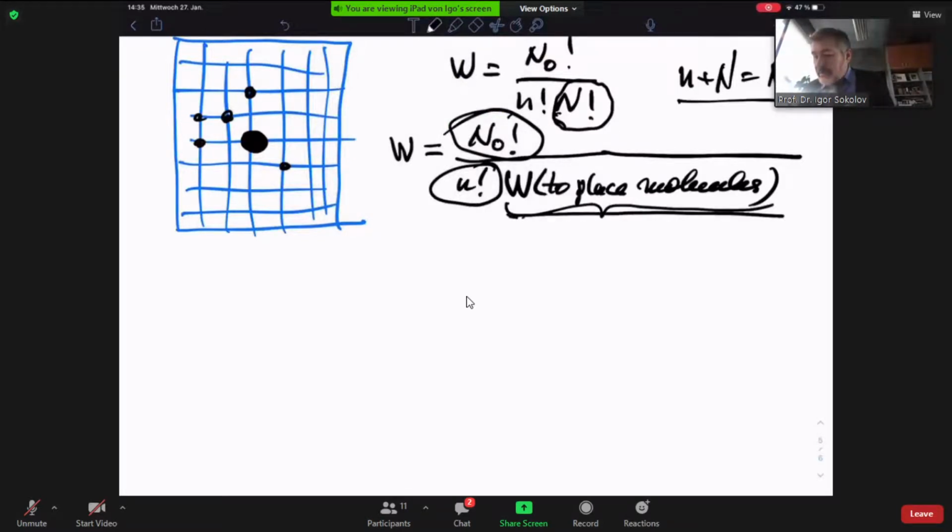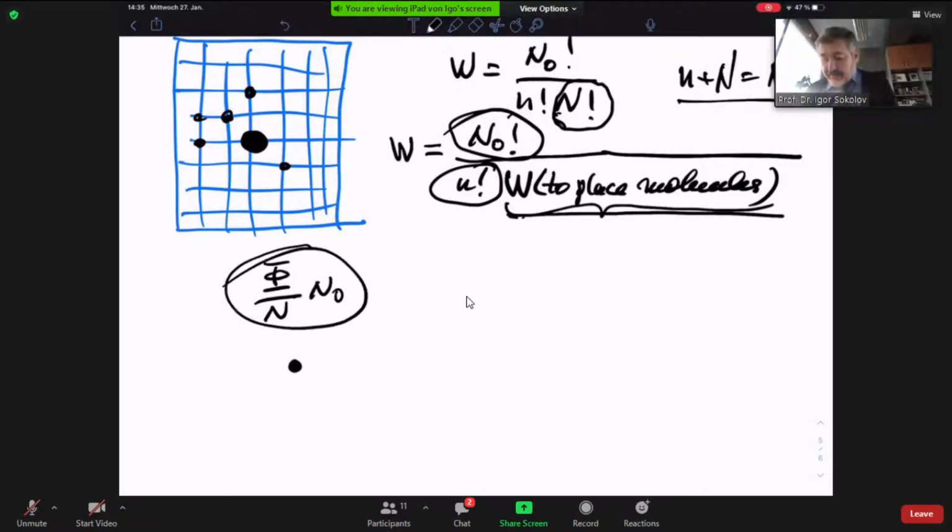Now what is the number of ways to place a molecule? It's the number of ways to place its beginning. In total, there are phi divided by n times n0 ways to place the beginning. And then there are ways to place the rest, but these are very much restricted.